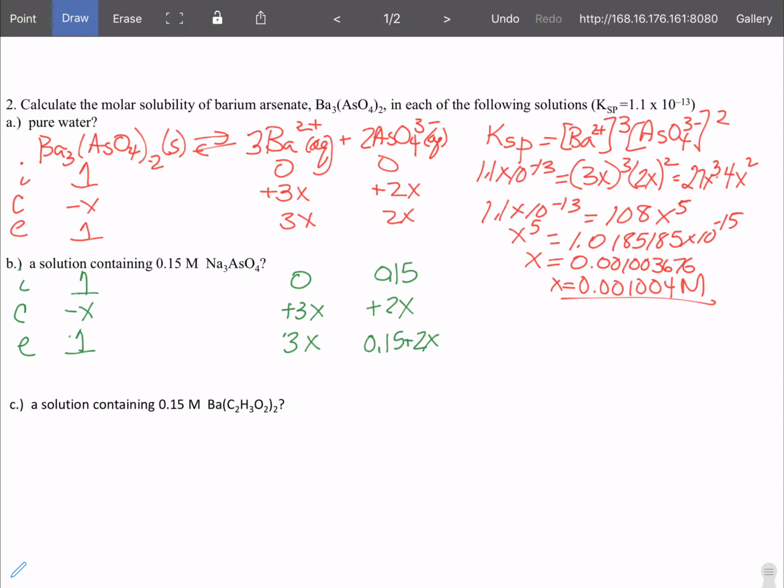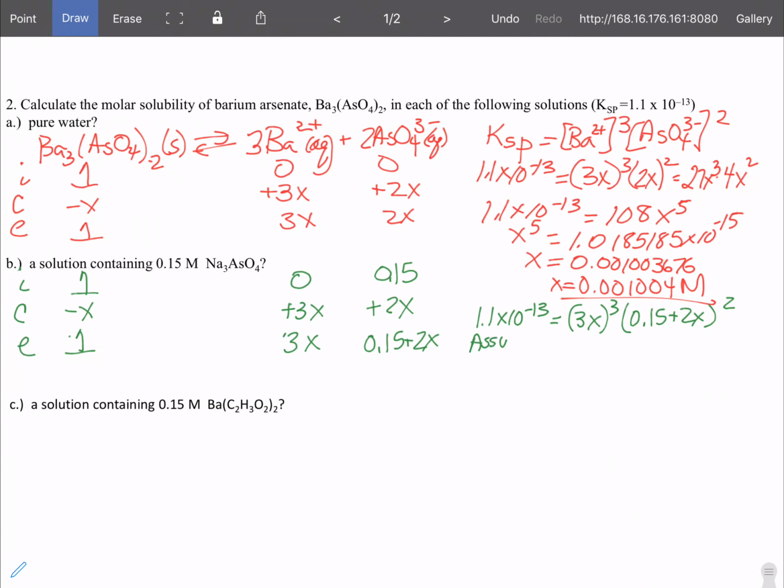Alright, so what we've got here is your KSP is 1.1 times 10 to the minus 13th is equal to 3x to the 3rd times 0.15 plus 2x, now at this point, this one's squared. You don't want to do the math.